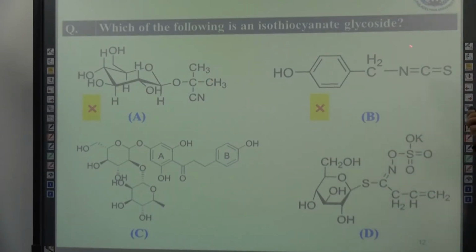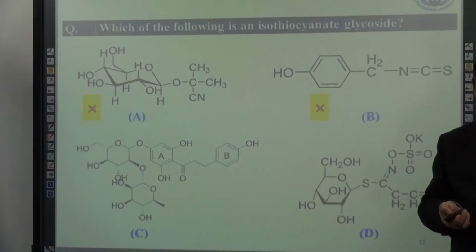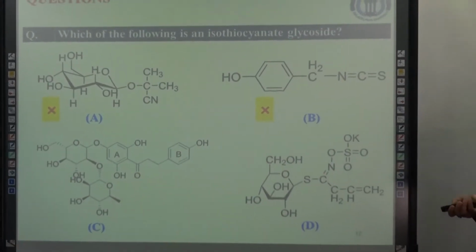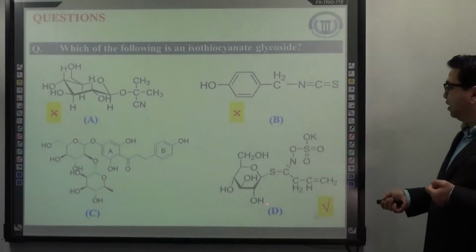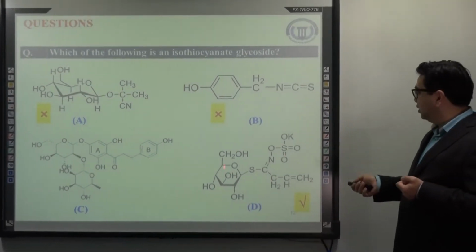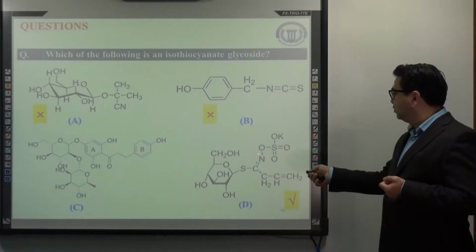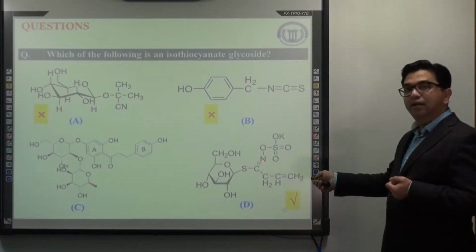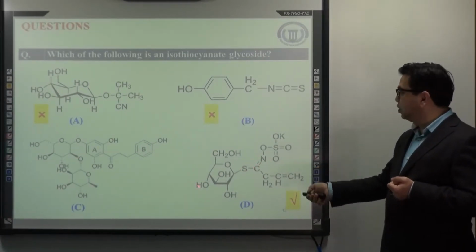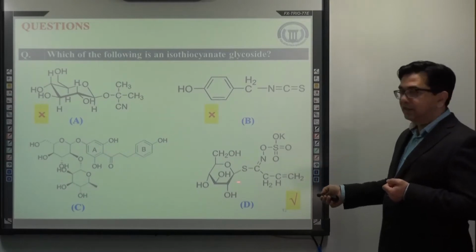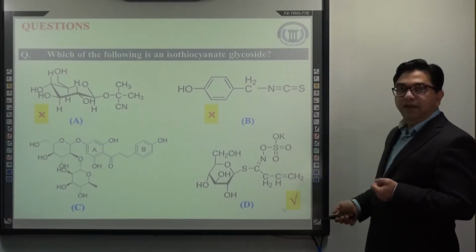So structure B is just an example of an aglycon containing isothiocyanate. So the correct answer is D, option D. Why D? Because if you look at the structure, it contains isothiocyanate, the SCN, which is attached to a sugar moiety. So this is an example of isothiocyanate glycoside.